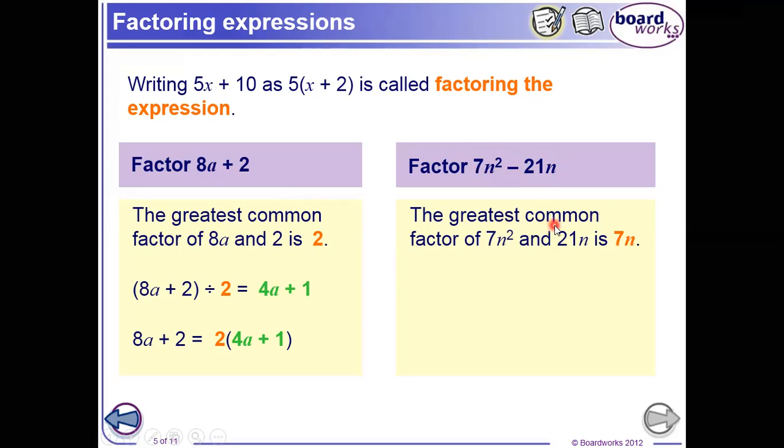That's why when we are factorizing, we divide by 7n, since it is the greatest common factor. 7n squared divided by 7n gives n, and 21n divided by 7n gives 3. That's why we get n minus 3. So when factoring, we first write the 7n, and then write the n minus 3 in the bracket, or what we call the parentheses.